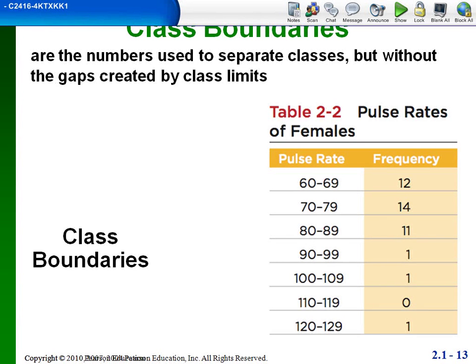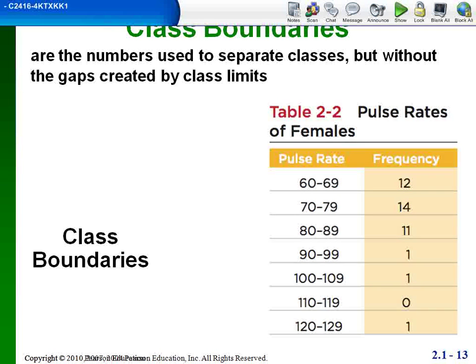In other words, what's going to happen is, in order for a histogram, the walls have to touch. You might want to write that down. On a histogram, the walls of the bars, the actual bars that you're doing, have to touch.